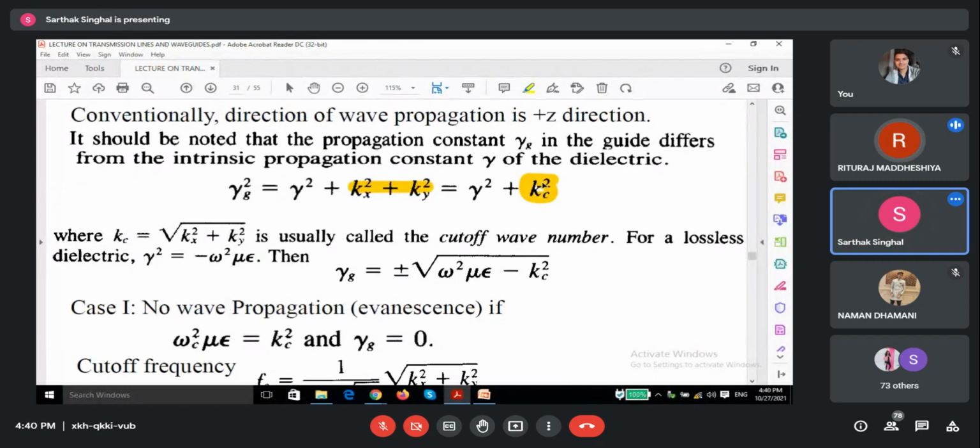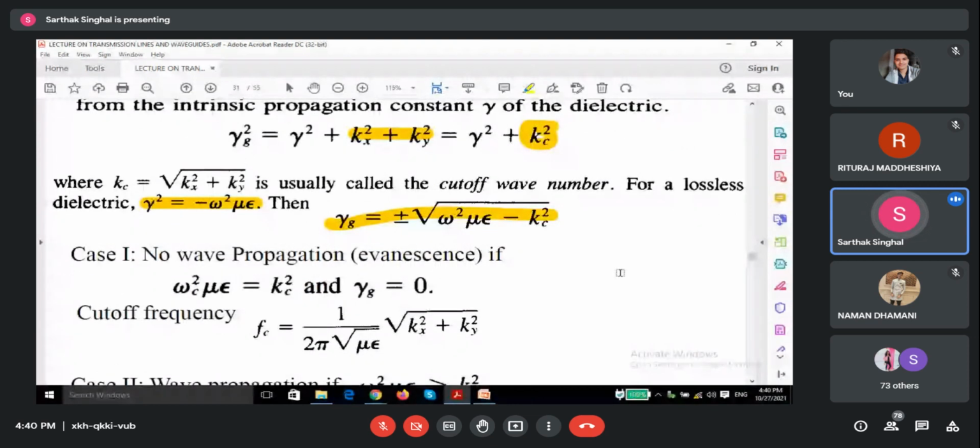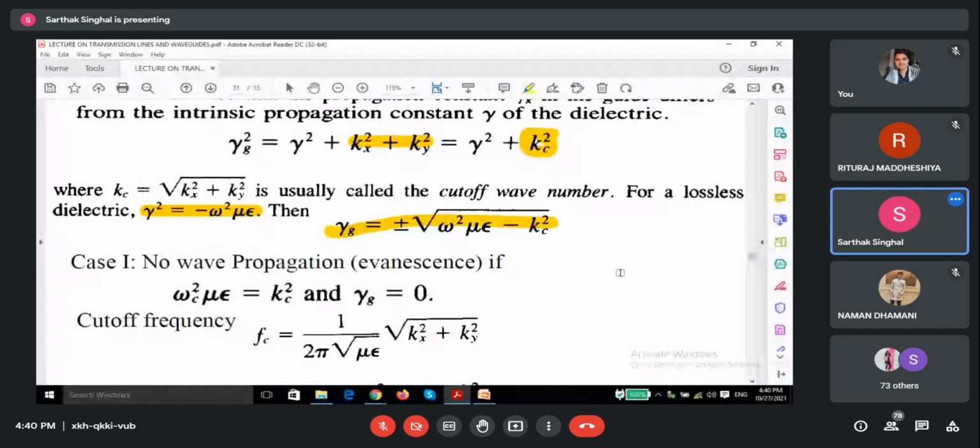So for a lossless dielectric, your gamma square will be equal to minus omega square into mu epsilon. So what will be the value of gamma g? If no wave is propagating, then gamma g will be zero.